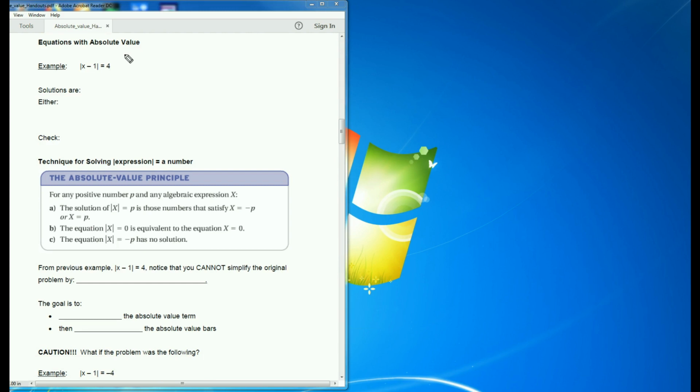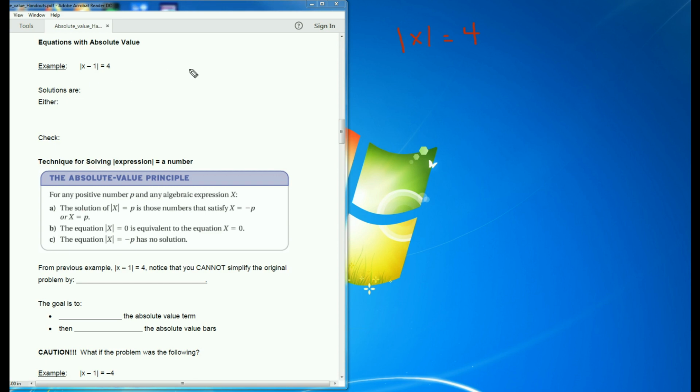Okay. So we've got the absolute value. Before we had just plain old absolute value of x equals 4. So now we've just added one more thing. Now we've got the absolute value of x minus 1 equals 4. So basically, the absolute value of some stuff equals 4.